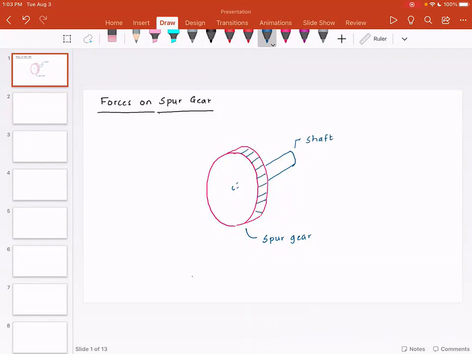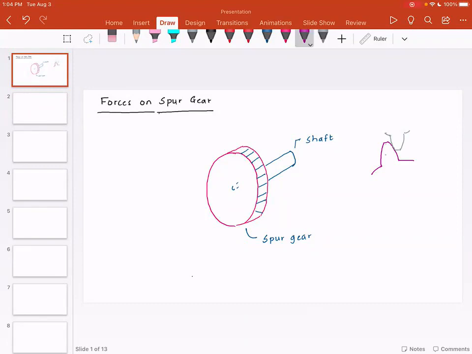Now, if you were to look at the forces on the gear tooth, you would observe that if you have a line of contact somewhere over here, the force transmission is at an angle.